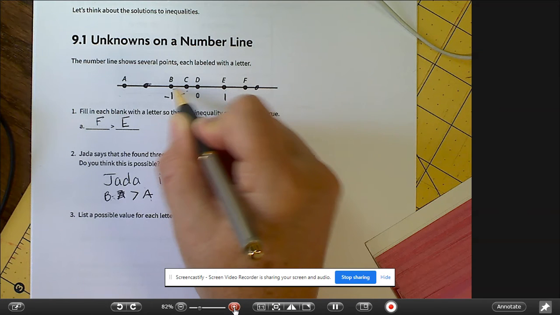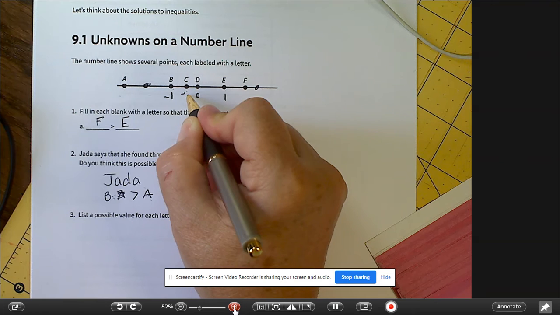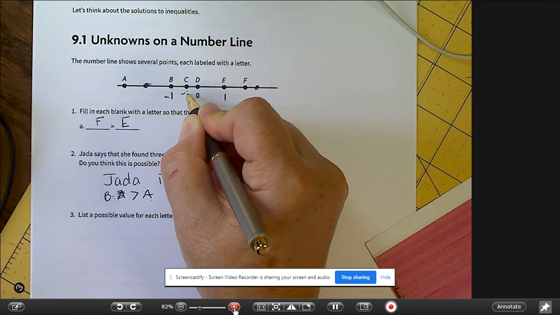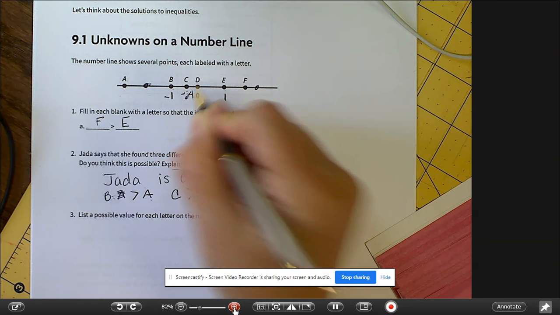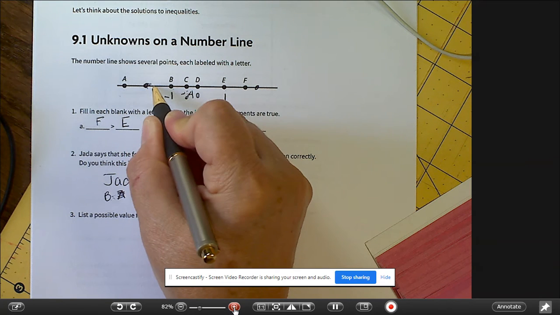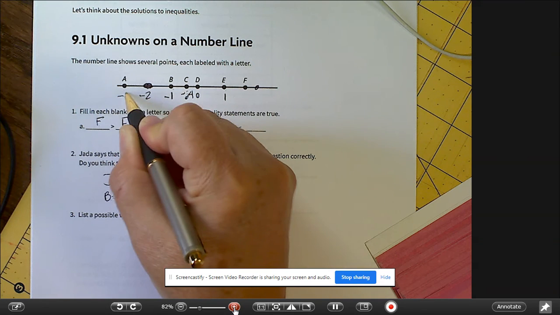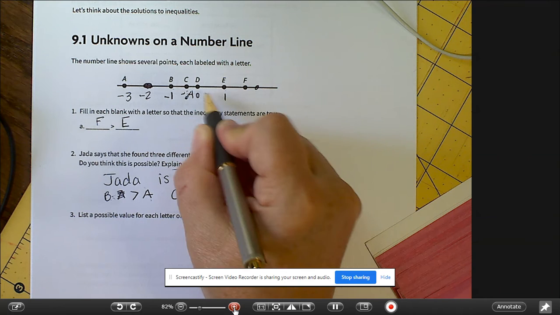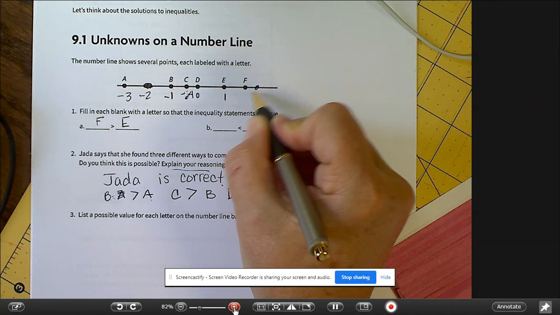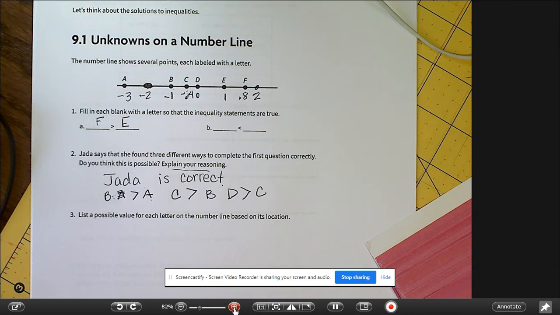If this is 2, this could be negative 0.4 maybe. And then this could be -2, -3. And this is not quite as wide as that, so that might be, if this is 2, this could be 0.8, something like 1.8 on the number line.